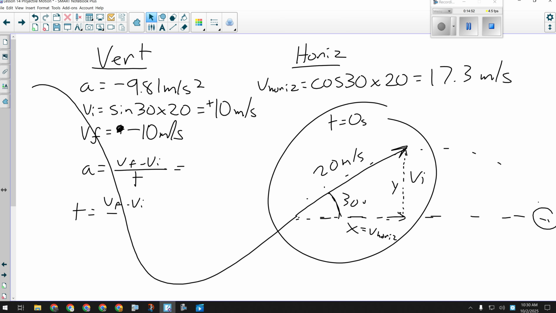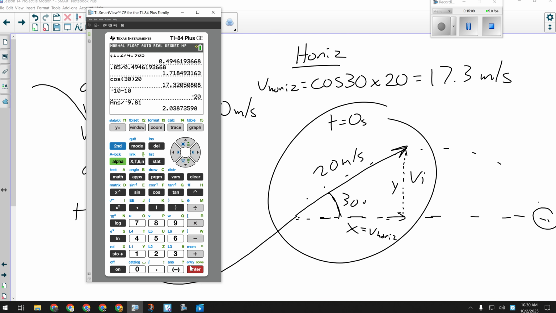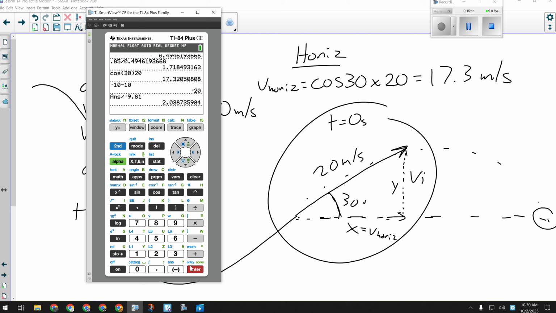So T equals VF minus VI over A. So that's negative 10 minus 10 divided by negative 9.81. All right, so this guy's flying through the air for just over 2 seconds.